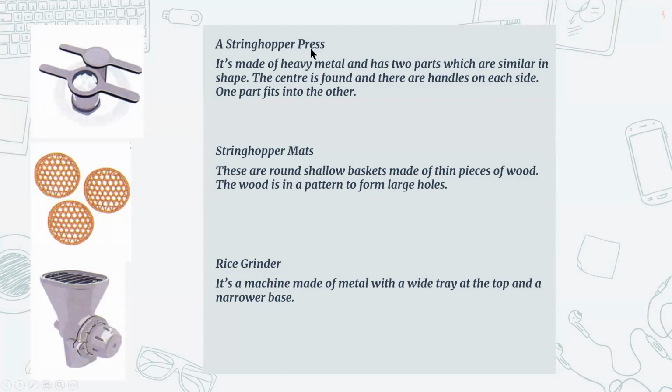The process itself begins with grinding rice and ends with noodles, this kind of noodle, string hopper. Okay, this is called a string hopper press because it presses the dough to make the string hopper noodle.